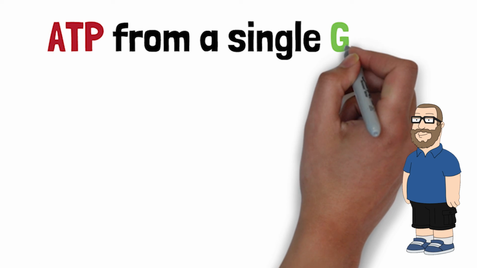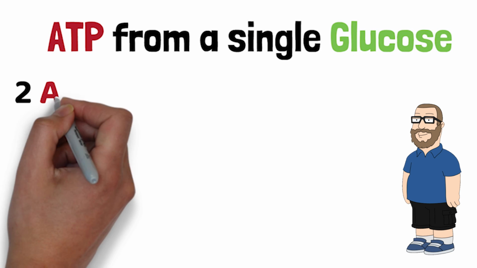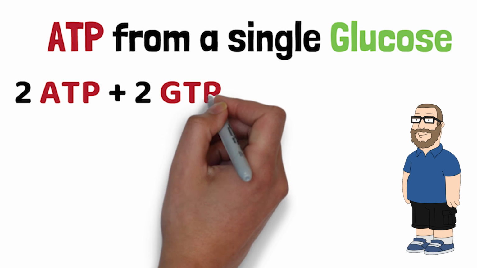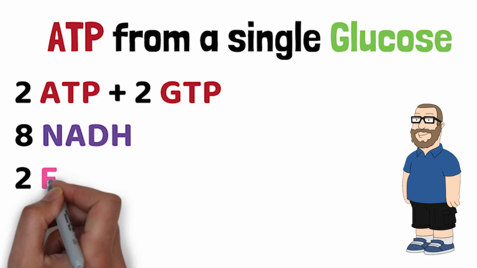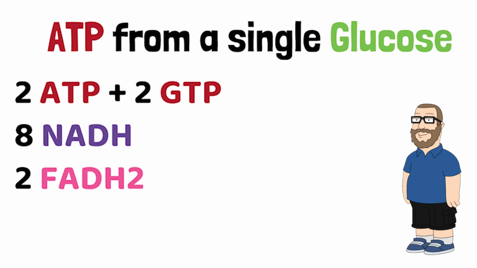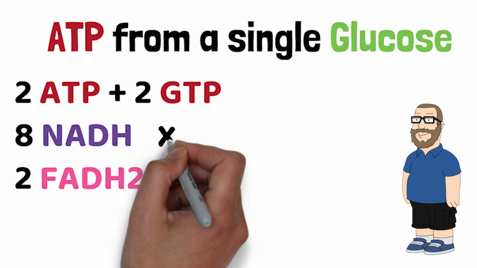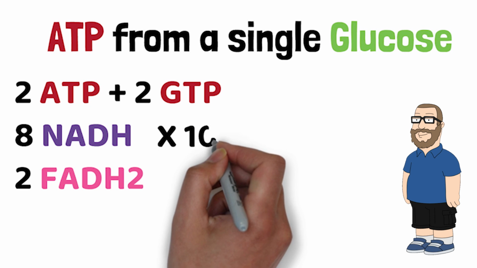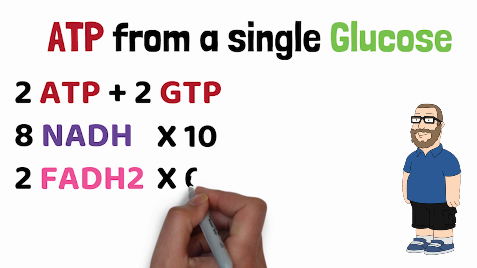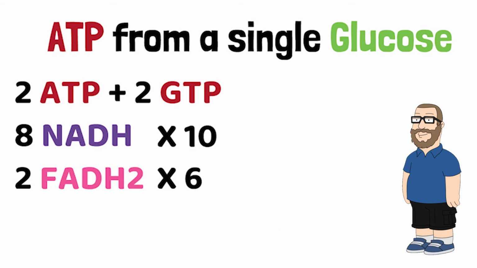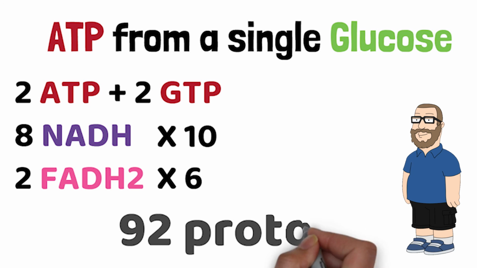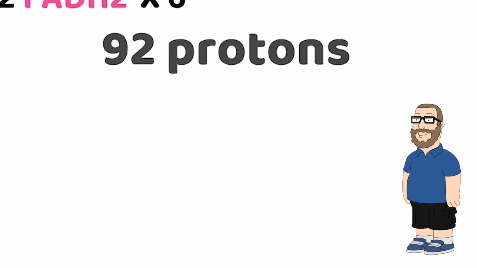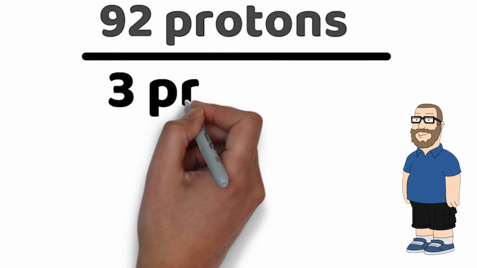So, using our count from a single glucose, we have gained 2 ATP, 2 GTP, 8 NADH, and 2 FADH2s. Since each NADH produces 10 protons, and FADH2 produces 6 protons, we get a total of 10 times 8 plus 6 times 2, which equals 92 protons for each glucose.